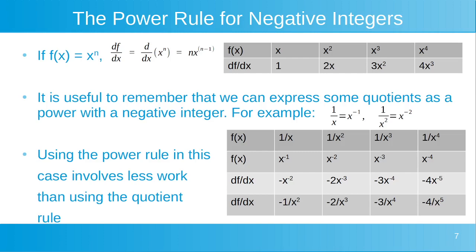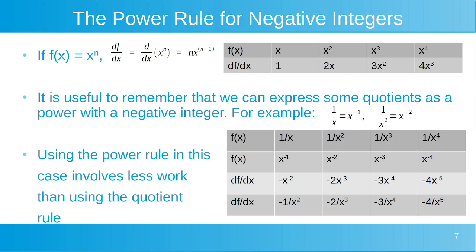In the second row, our f of x is equal to x to the power of minus 1. So if we were to apply the power rule to calculate the derivative there, f of x is equal to x raised to the power of n, where our n is equal to minus 1. And according to the power rule, our derivative is going to be equal to n x, where x is raised to the power of n minus 1.